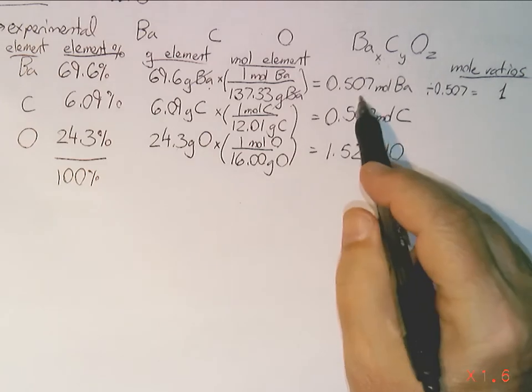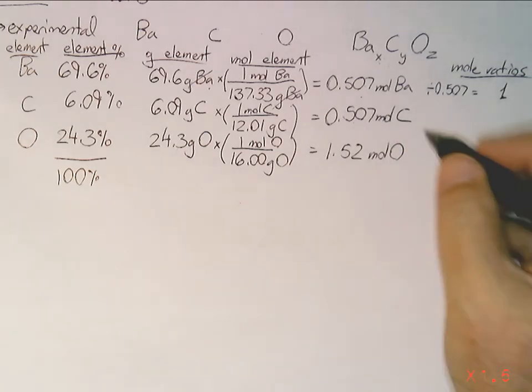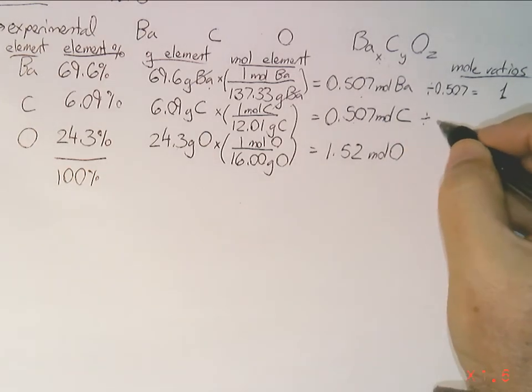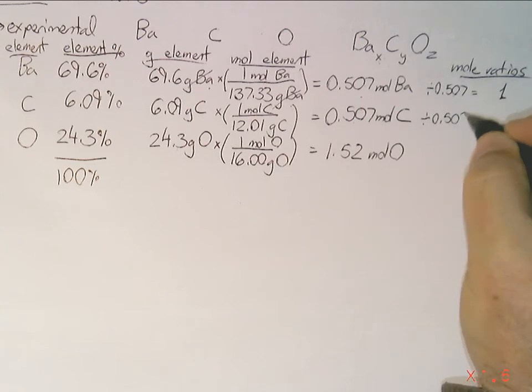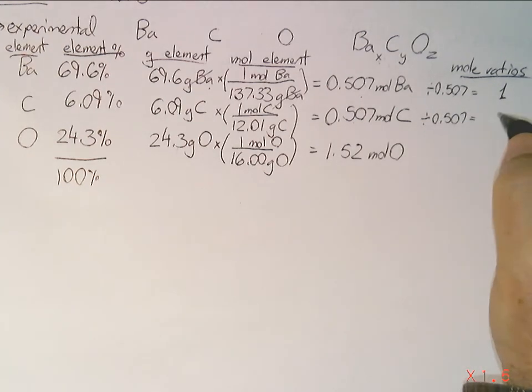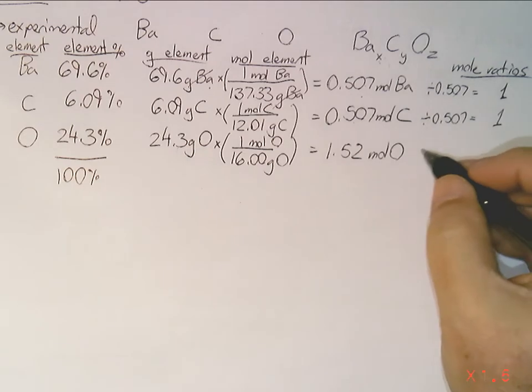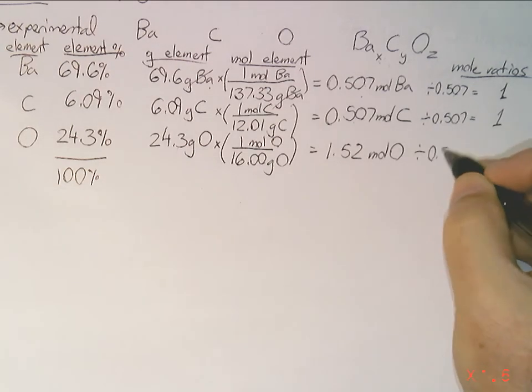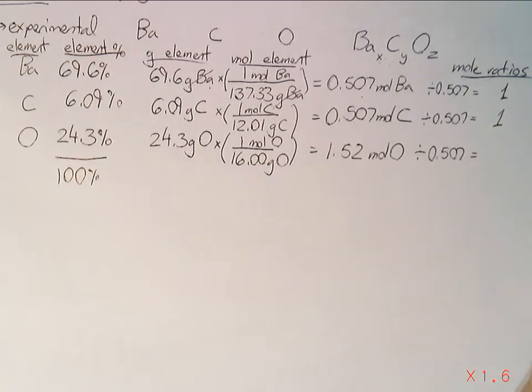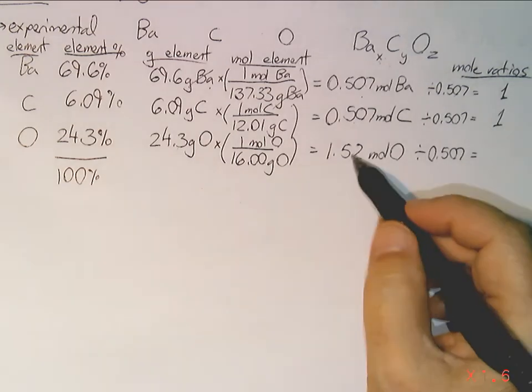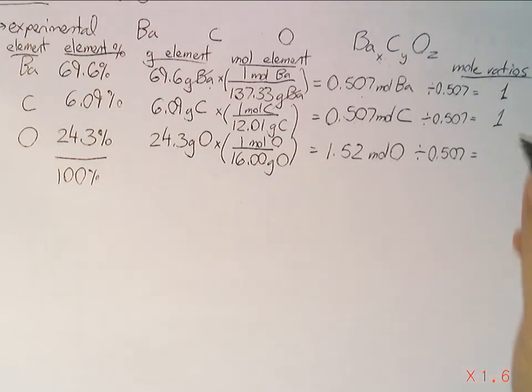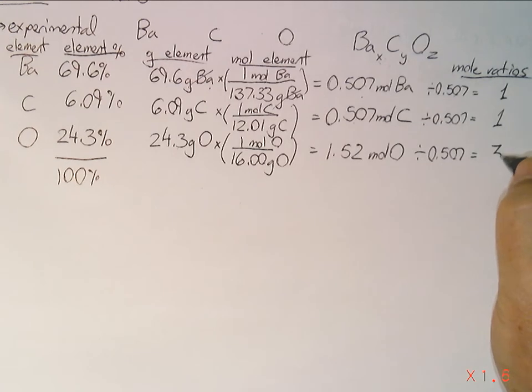Obviously, if you divide 0.507 by itself, you're going to get a 1. If I divide this one by 0.507, the smallest number in the column, I'm going to get a 1. And if I divide this one by 0.507, what do I get? Okay, well this is like 1.5 and this is 0.5, and when I do the math I get 3.